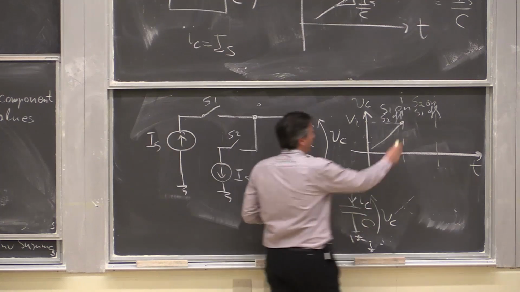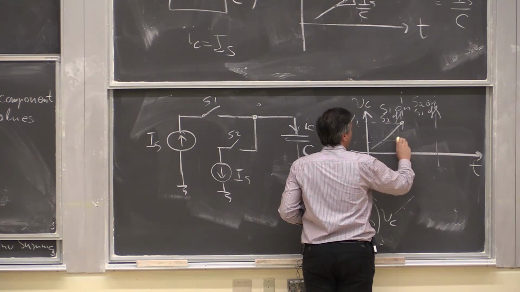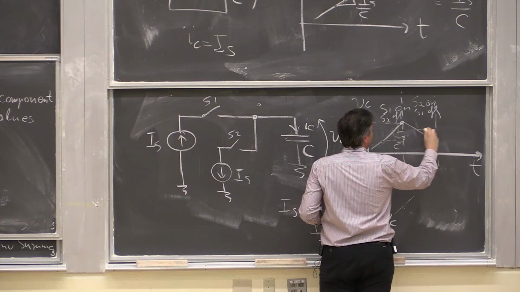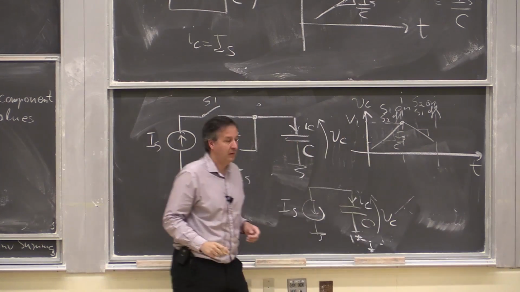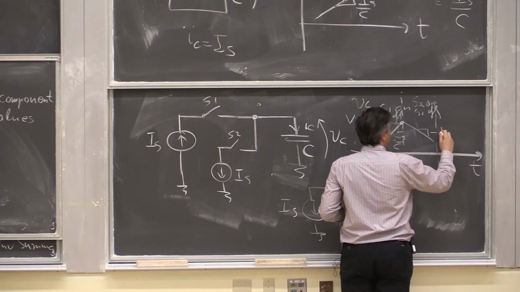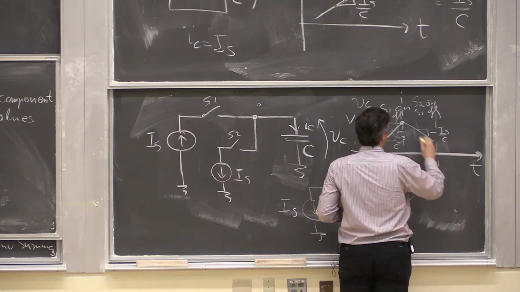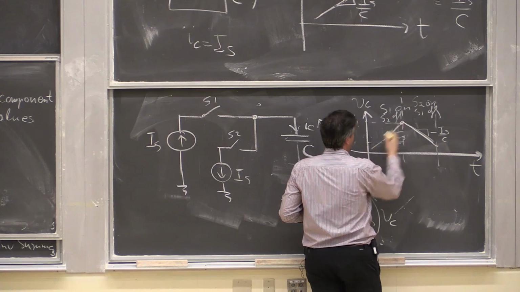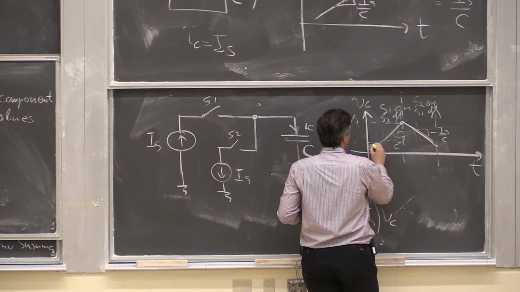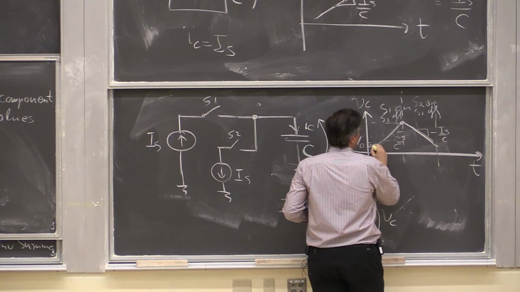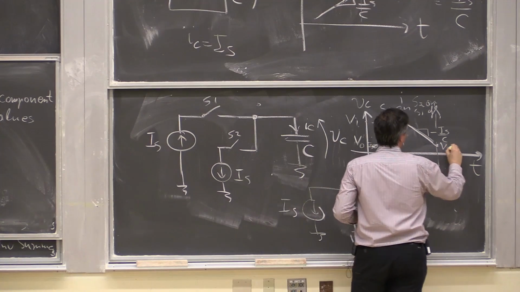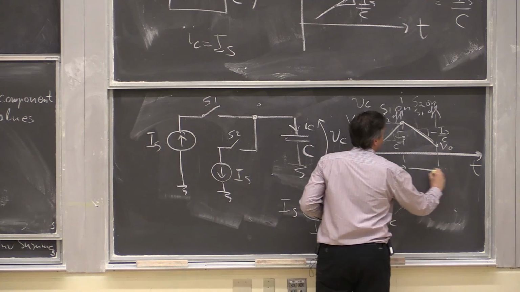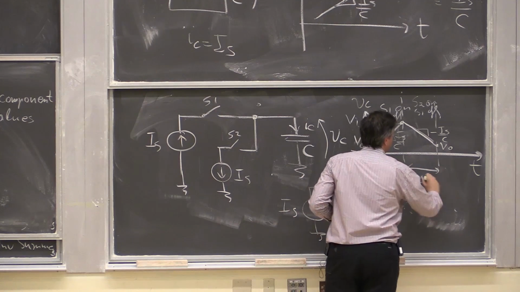So here the slope is IS over C. Here the slope will be what? Negative IS over C. Right. And so let's say I started from some voltage V0. I'm going to get to that same voltage in the same amount of time. So this is going to be delta T. This is going to be delta T.